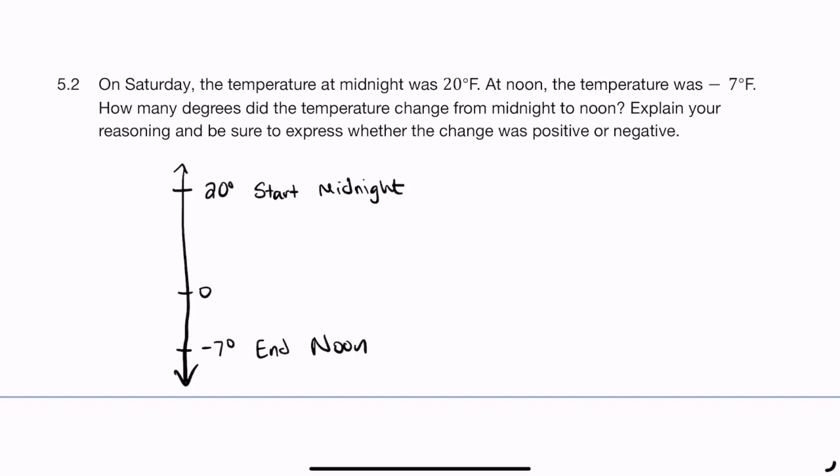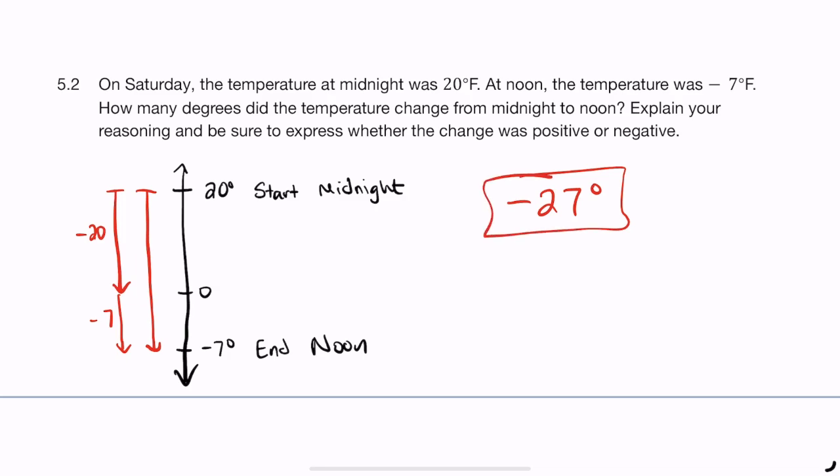So as we did before, you're trying to find the distance between these numbers. I would do this on the number line. We're going from 20 to -7. So to get from 20 to 0, we go down 20. And then from 0 to -7, we go down 7.